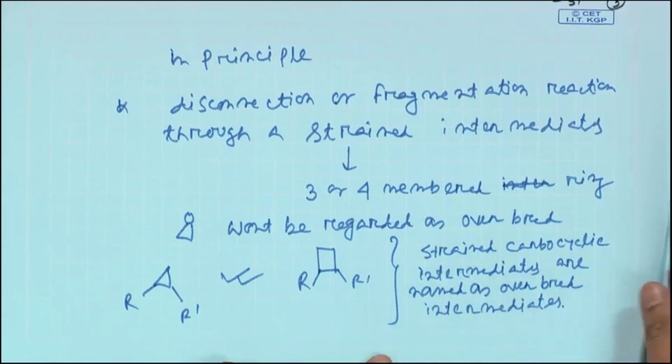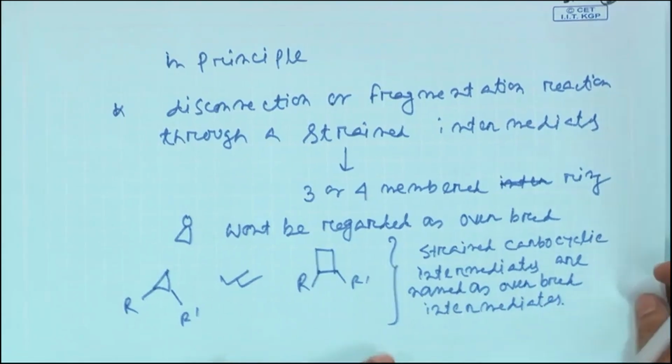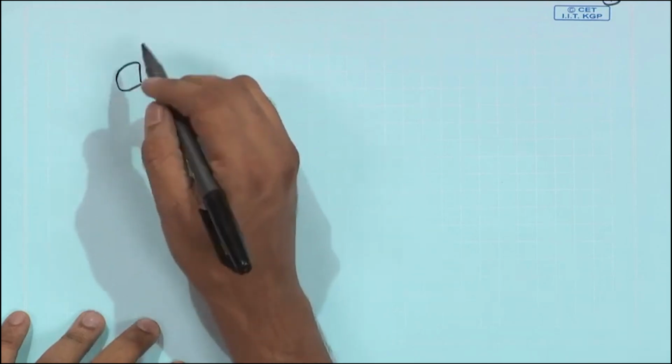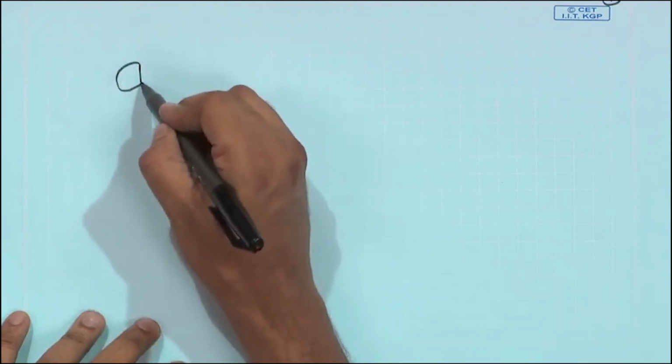So, this particular disconnection is a little bit out of the track, meaning you are creating extra bonds, and in reality you may not require all those extra bonds. Probably we will give a schematic view.